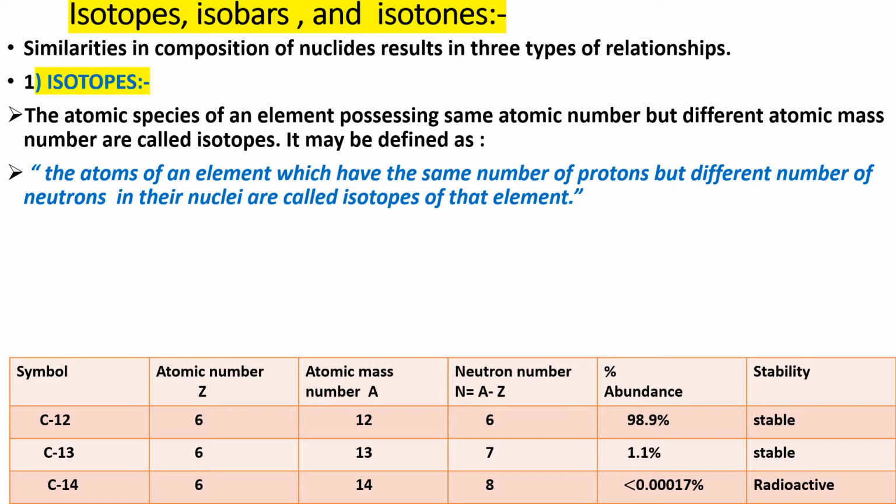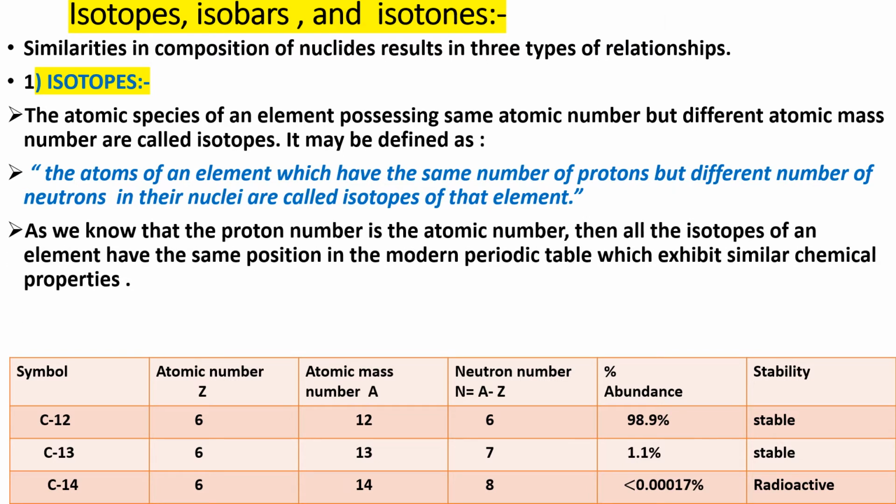As the proton number is the atomic number, all the isotopes of an element have the same position in the modern periodic table, and exhibit similar chemical properties.